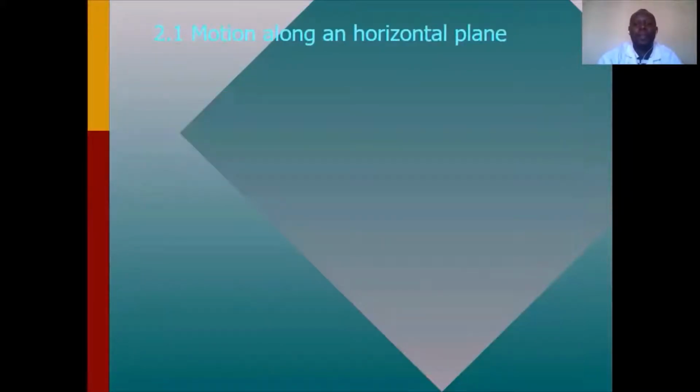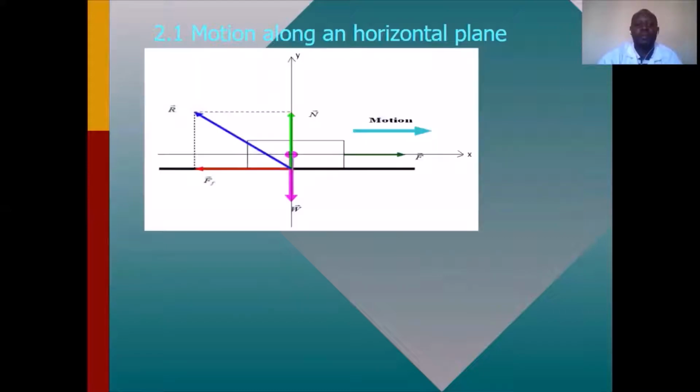Okay, the first application, we are going to consider the motion of an object along a horizontal plane. Here we have the horizontal plane, and we have the object which is moving in this direction. So to apply the second law of Newton, we are going to separate the two axes. We're going to start with the x-axis.